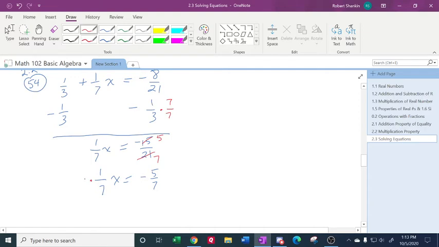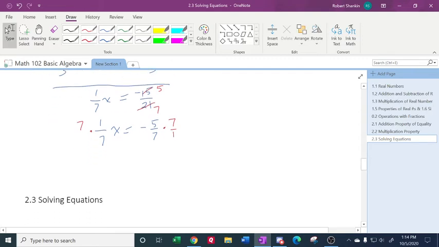I multiply by the reciprocal, or in this case, 7/1 is just 7. And then I probably want it over 1 over here at least. And then I can see that my answer is x equals, these guys cancel, negative 5.